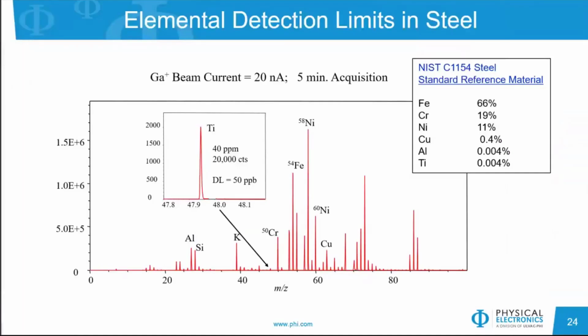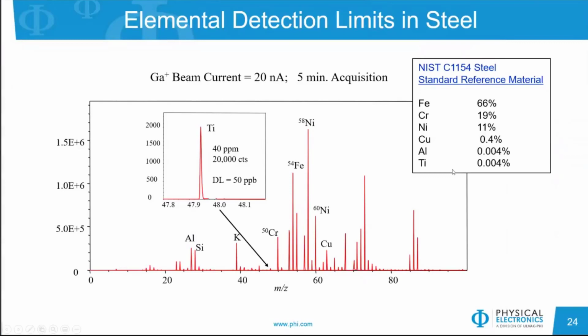So now finally getting into some mass spectra, I just really wanted to highlight the detection limits of TOF-SIMS by looking at a surface spectrum. In this example, we're looking at a mass spectrum from a NIST C1154 steel sample. This mass spectrum is from 0 to 100, and you can see all the different species present in this steel sample.